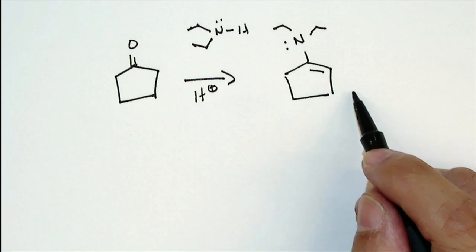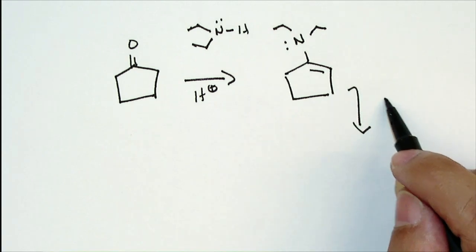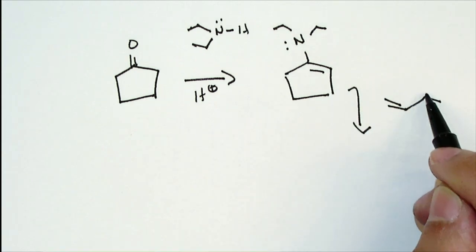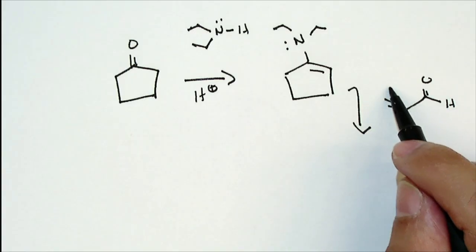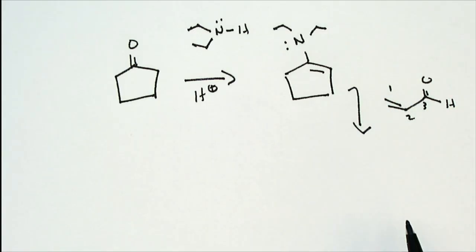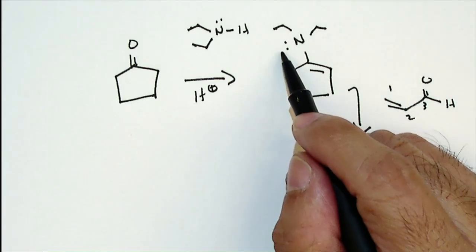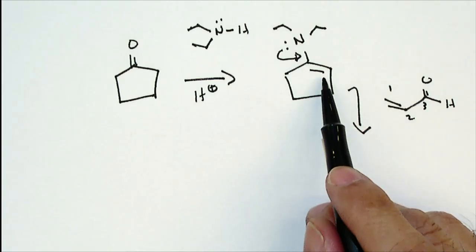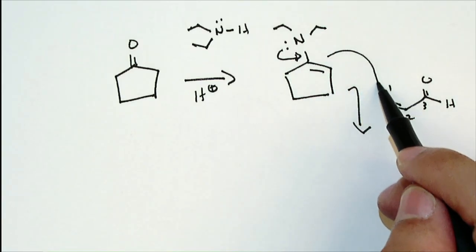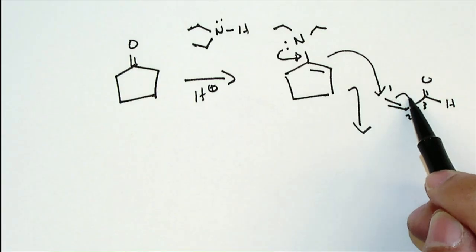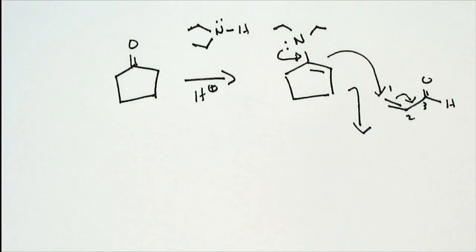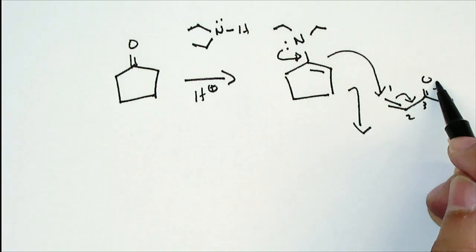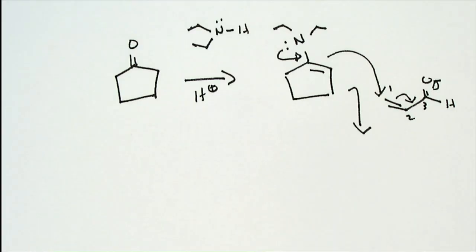What if I now add to this an alpha beta unsaturated aldehyde like this, 1, 2, and 3. 1,4 attack occurs. The nitrogen moves its electrons down to form the imine. This alpha carbon reaches over and attacks number 1. The pi electrons move over to form a double bond between 2 and 3, and the pi electrons move up to place a minus charge on the oxygen.